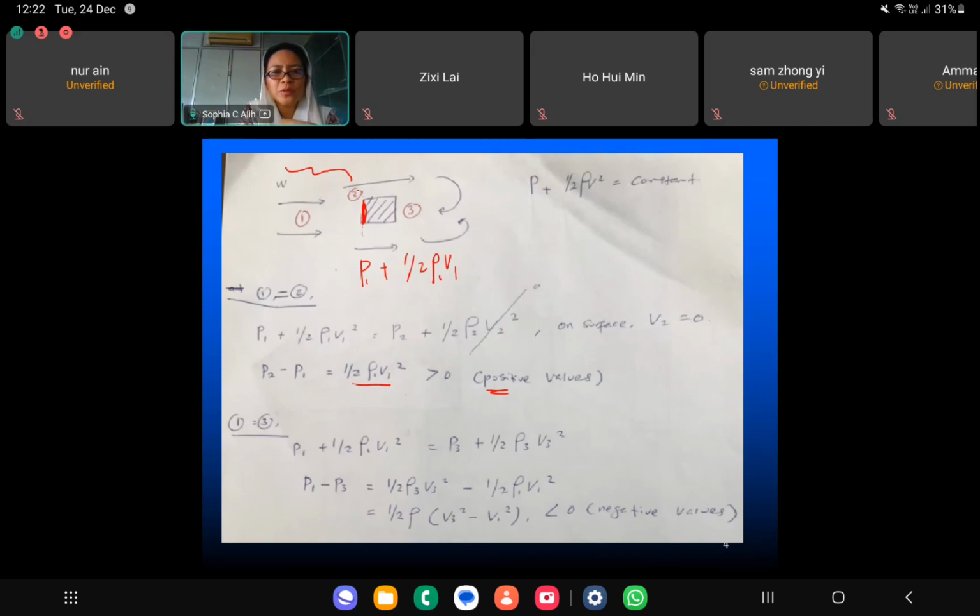How about the difference between 1 and 3? Whatever wind blows, the air in the front will eventually come to the back, so I make 1 equal to 3.